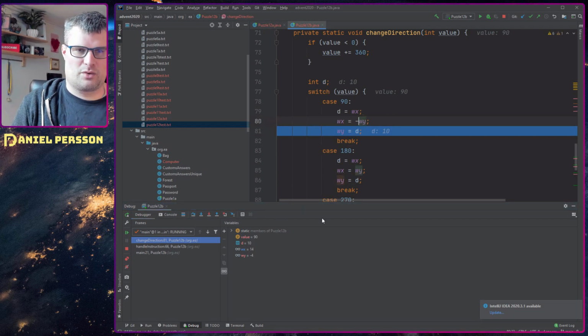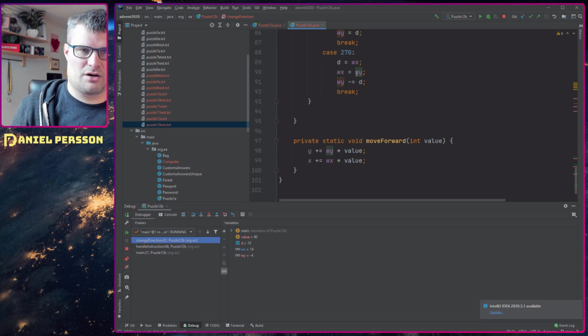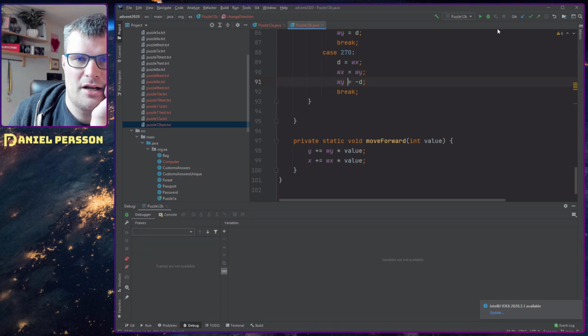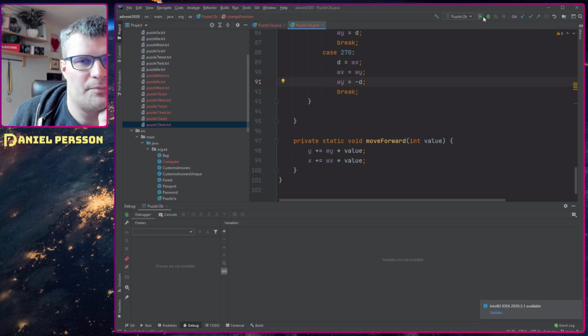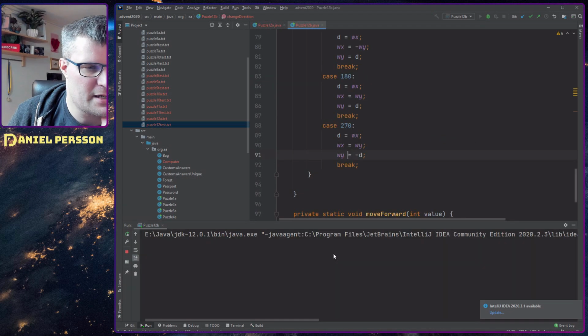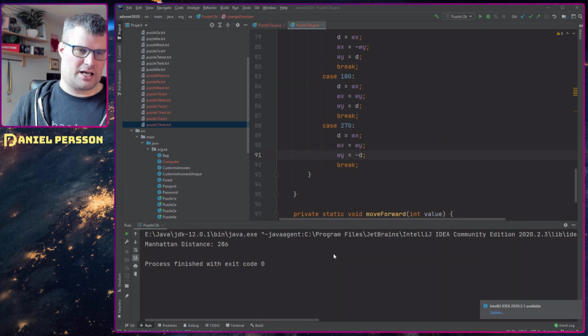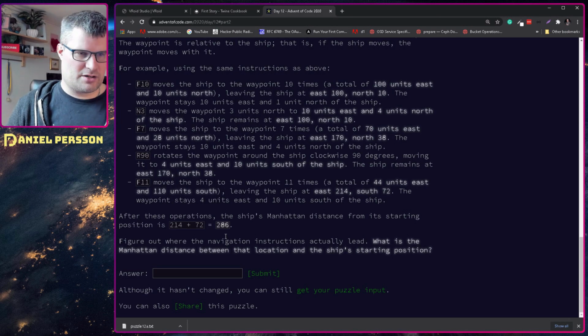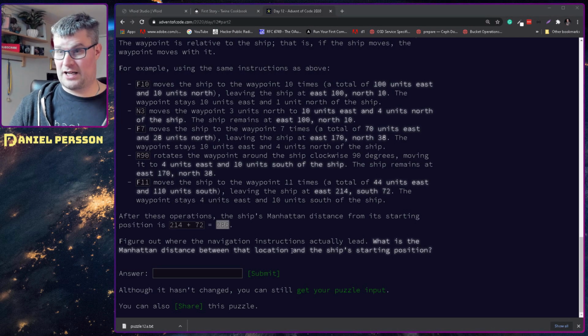Yeah. We want to change direction, not add or minus the specific direction. Let's try it again, see what value we get now. 286. So let's see here, 286 was the correct value.